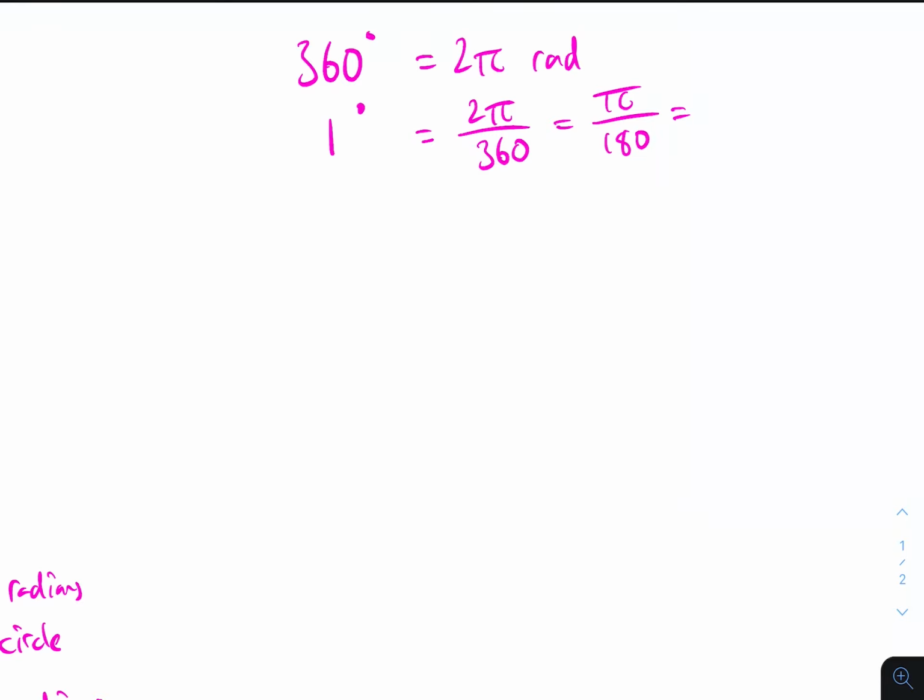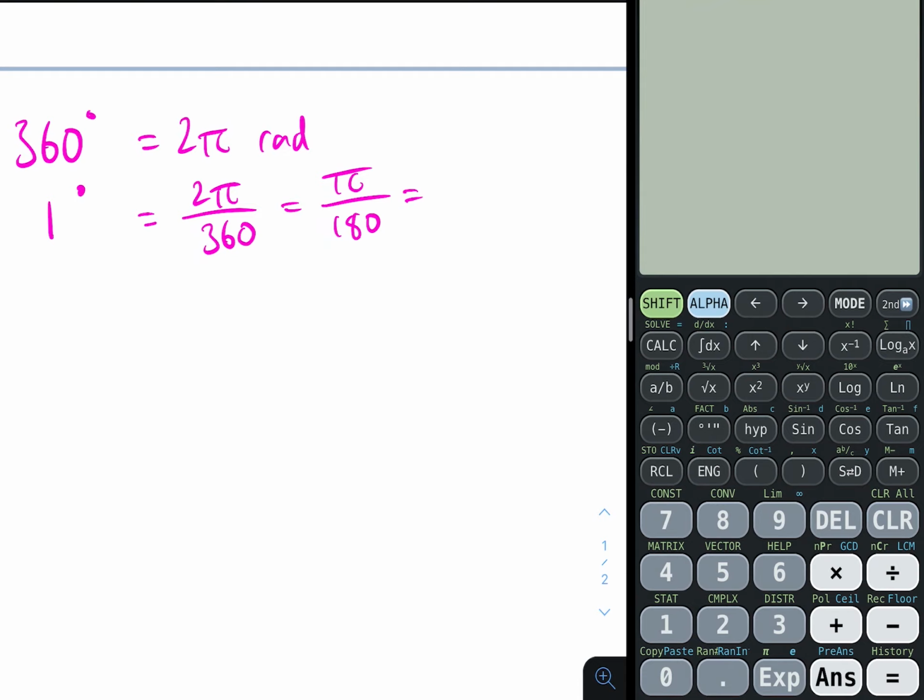And then now if we use our calculator, pi divided by 180 equals 0.01745.